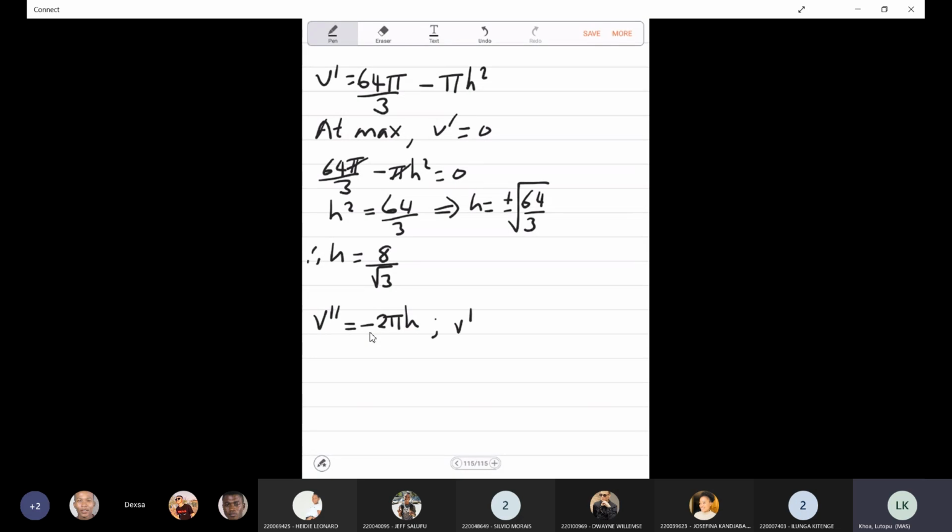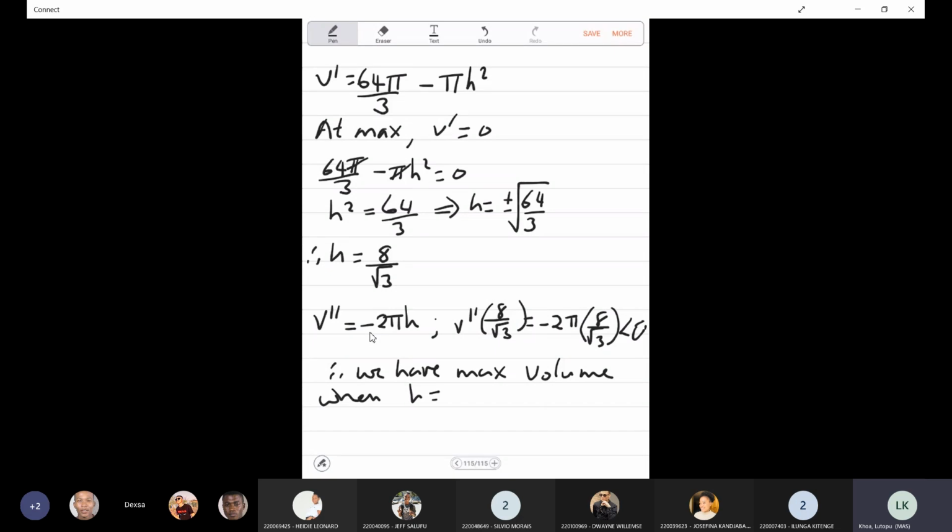So V double prime of 8 over the square root of 3 is minus 2 pi times 8 over the square root of 3. Whatever that value is, it is less than 0, and therefore we have a maximum volume when h is equal to 8 over the square root of 3.